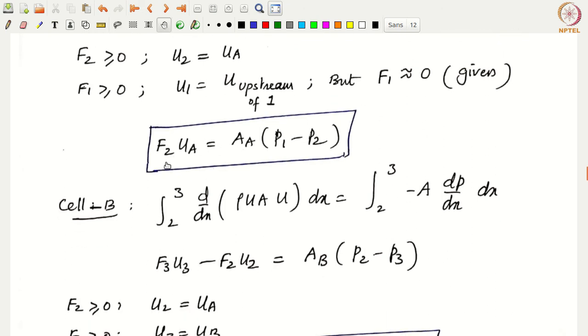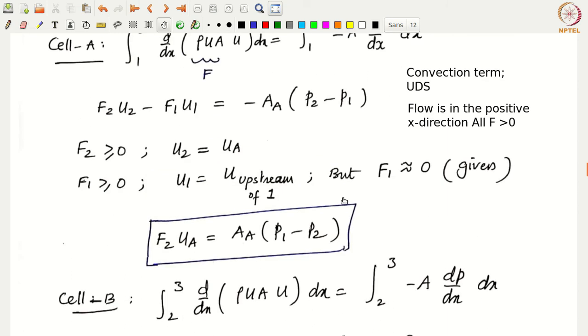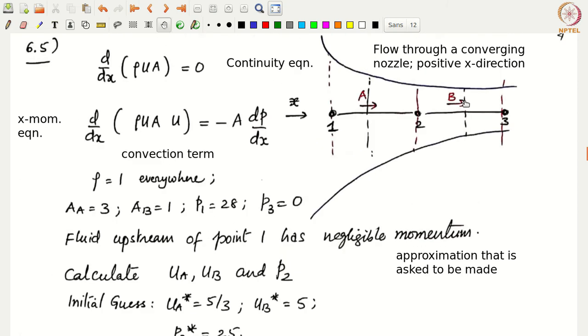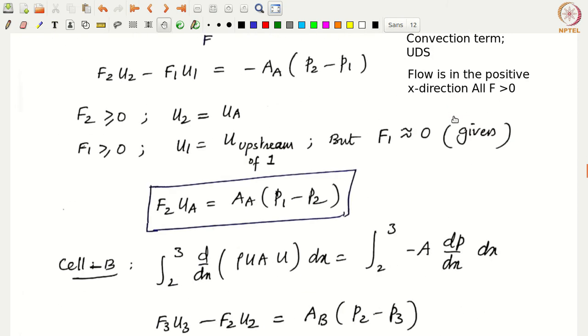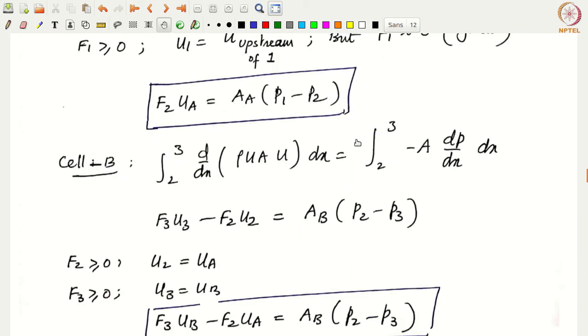And if you do the same exercise for cell B, what we get is the integral from 2 to 3, because for cell B we have the faces 2 and 3, right? So we can write this as the integral from 2 to 3 of d/dx of (rho u A u) dx equals the integral from 2 to 3 of minus A dp/dx dx.